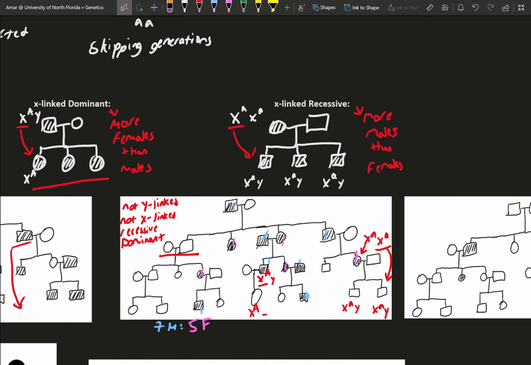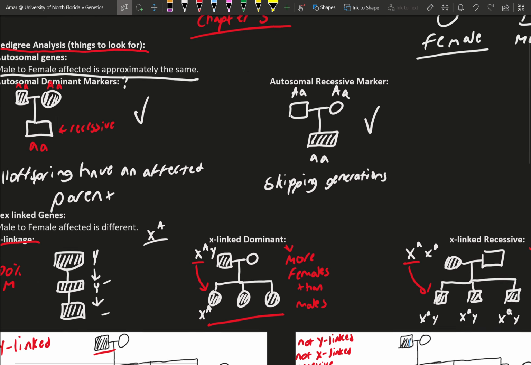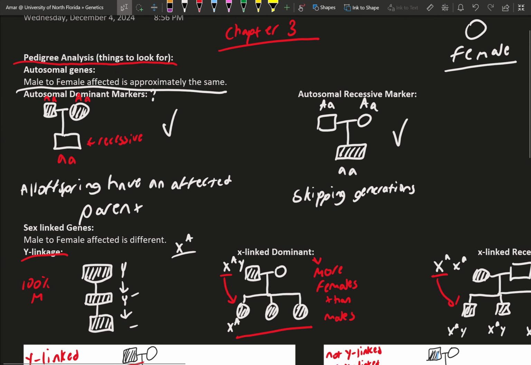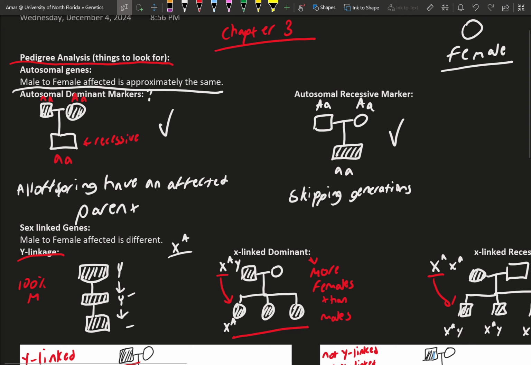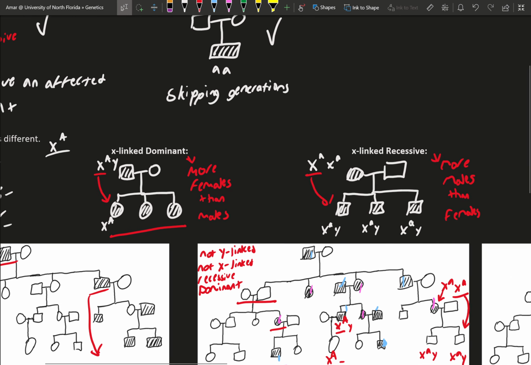If we get an individual that is marked like this, it's most likely going to be an autosomal recessive trait. And if we have a situation like this, where two individuals that are affected are crossed together and you get a non-affected individual, then that most likely is an autosomal dominant marker.